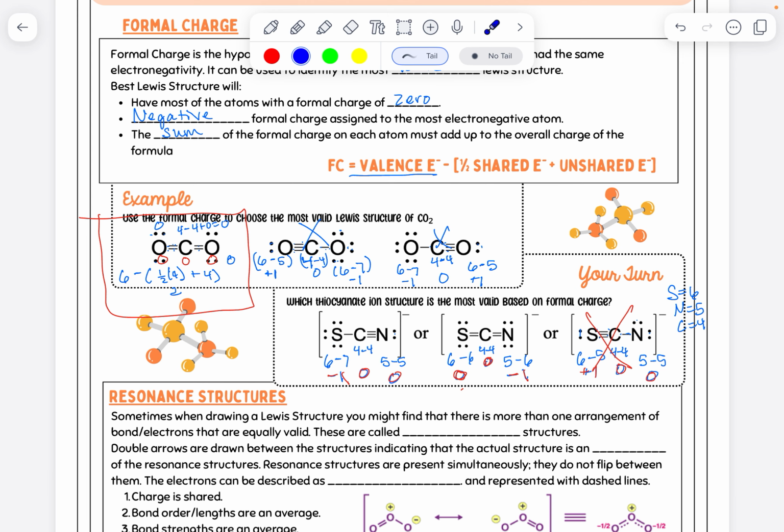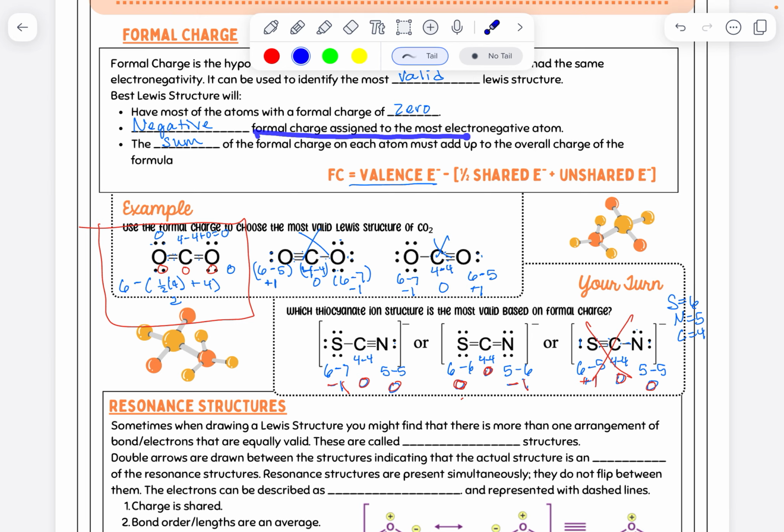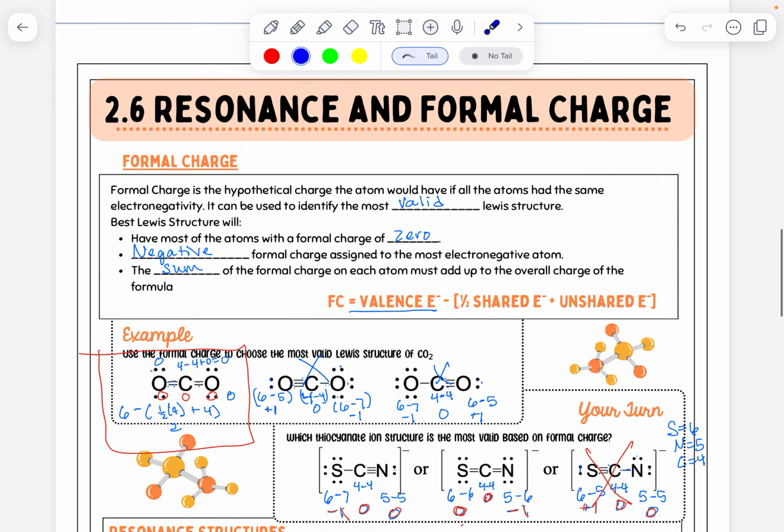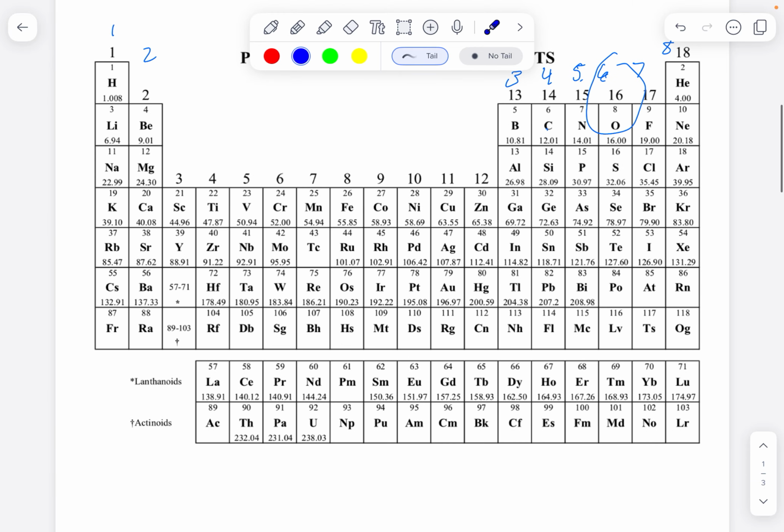So we need to determine where the negative should be. And again, the negative formal charge must be on the most electronegative atom. So if I go to my periodic table and look at sulfur or nitrogen, we'll see from our periodic trends that nitrogen is more electronegative.